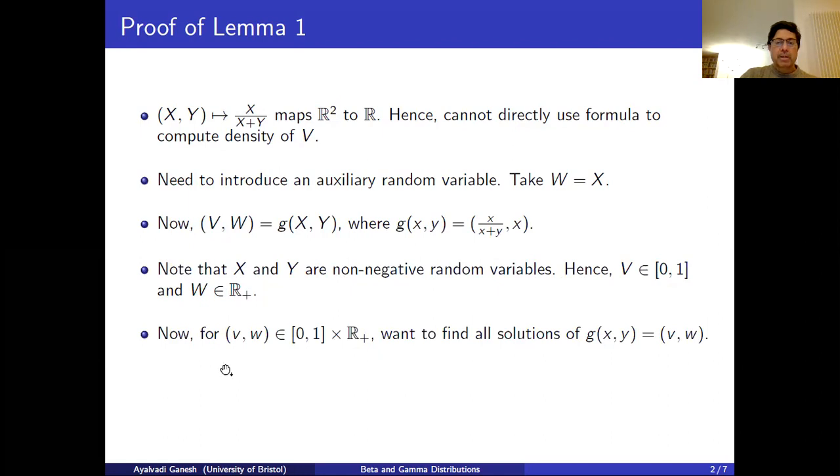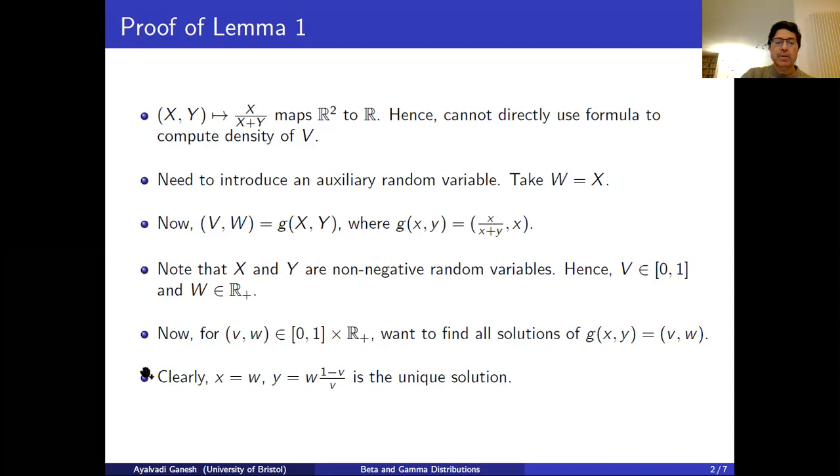Okay, so in order to use the formula, we need to find, for a given V and W, all the X and Y that get mapped to them. So we want to find all solutions of this equation. And you can check quite easily from the definition.